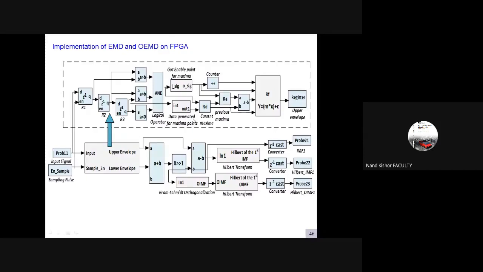We do that part, and then we obtain A plus B or A minus B, which is for the minima, mean extraction and so on. And then we have applied the Hilbert transform here, and finally we get the signal out of it.